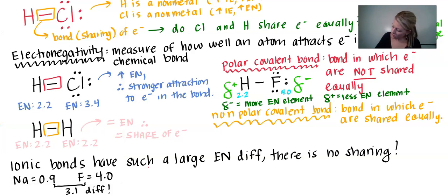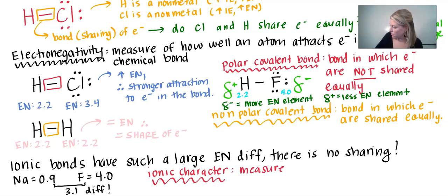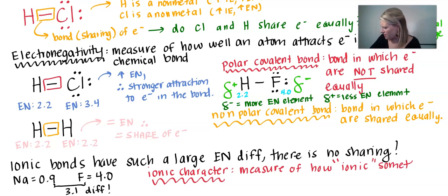So ionic character is going to be the measure of how ionic something is. Okay, so how ionic something is. And by something I mean a bond.